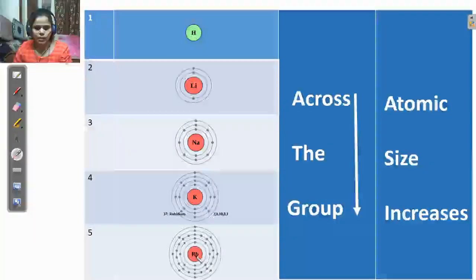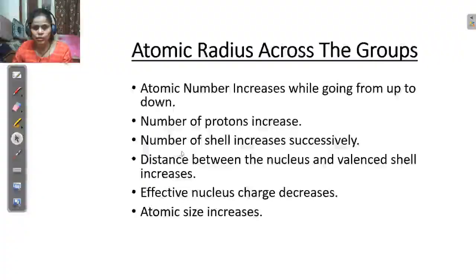Okay, let's see the rubidium. The distance between the nucleus of the rubidium and the outermost shell is greater than the others. So the distance between the nucleus and the valence shell increases, and that's why the effective nuclear charge decreases, because if the distance is less, the force is more effective.